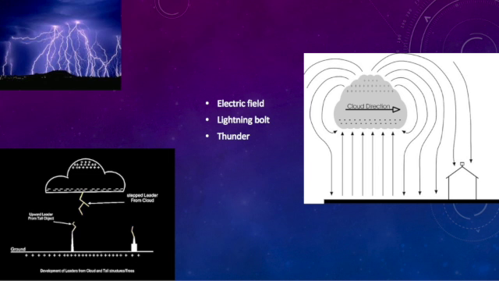Because of how fast this process is, the high current return stroke rapidly heats the path to a peak temperature near 30,000 degrees Celsius. This results in a violent expansion, and is what actually creates the shockwave, or how we also know it, the thunder.